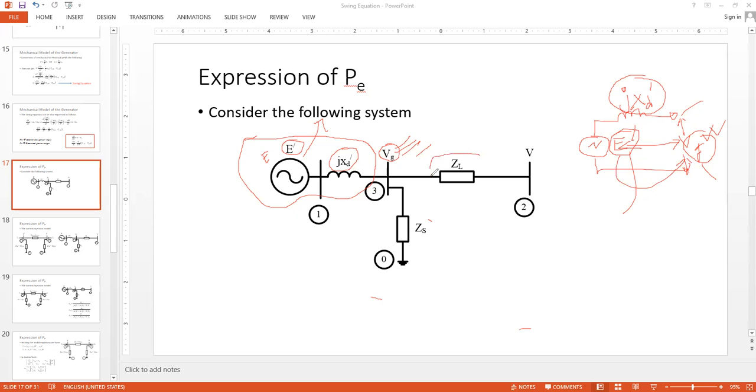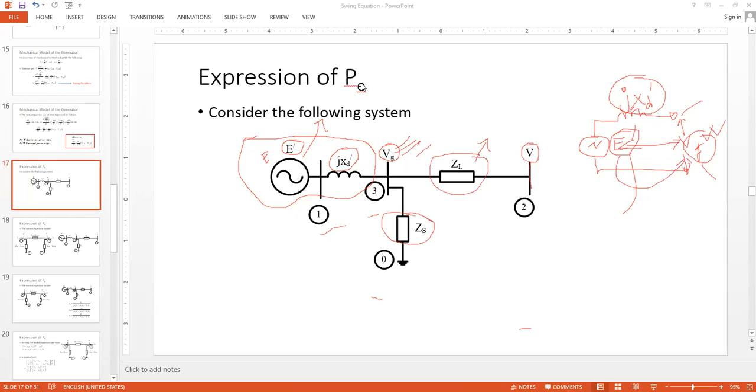And then we considered ZL. This is the transmission line reactance. And then this V is the infinite bus that we mentioned earlier in the first class. ZS is some local load connected at the external terminal of the generator. And these 1, 2, 3, 4 are nothing but the bus numbers or node numbers.